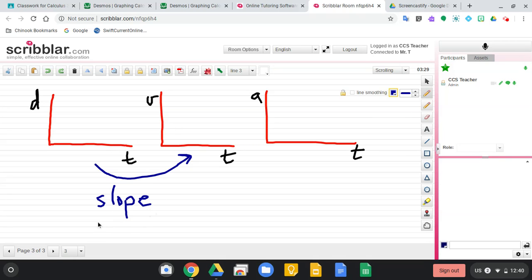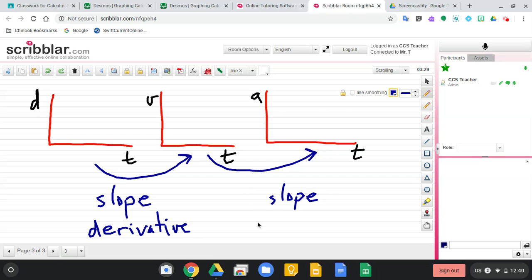And another word for slope is derivative. And then if you had a velocity versus time graph and you wanted to find acceleration, to go from velocity to acceleration, you had to do another slope calculation, or what I'm going to now call the second derivative.